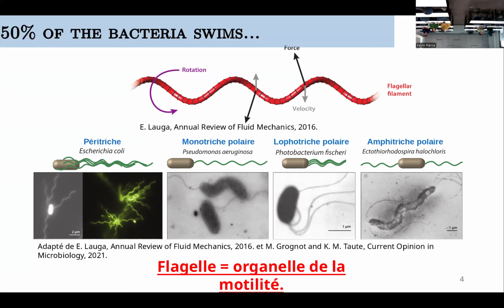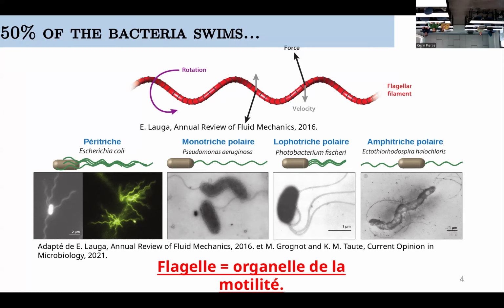But you can also have bacteria that have only one flagellum, or flagella located at different places over the body of the bacteria. There are like 5 to 6 flagella, and they are connected to the body of the bacteria by nanomotors.